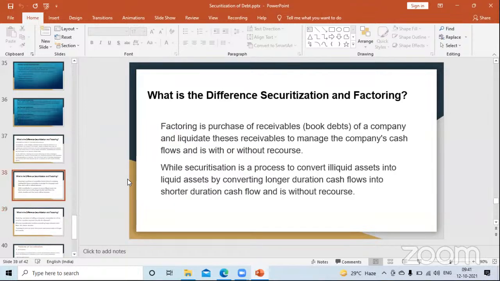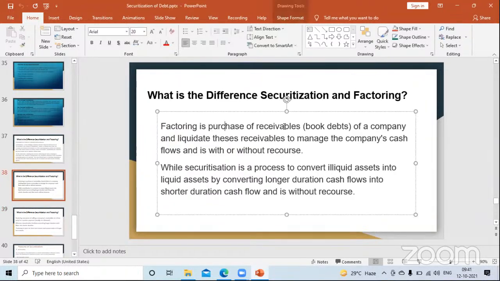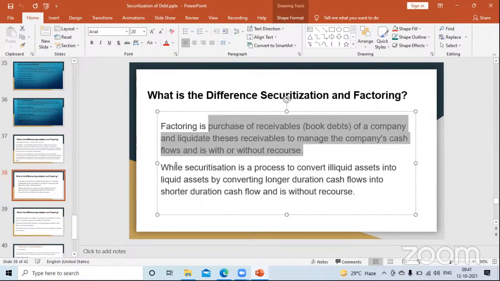Next point. Factoring is a purchase of receivables of a company and liquidating these receivables to manage the company's cash flow, with or without recourse. As you know, all the receivables will be purchased and you will give them cash. It can be with or without recourse. But what is securitization?